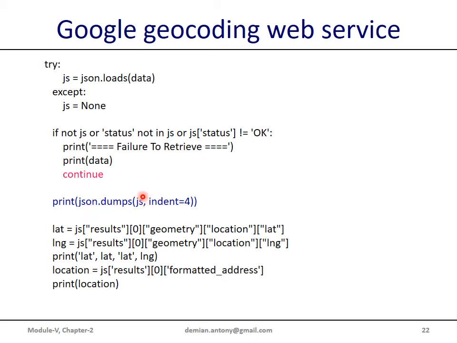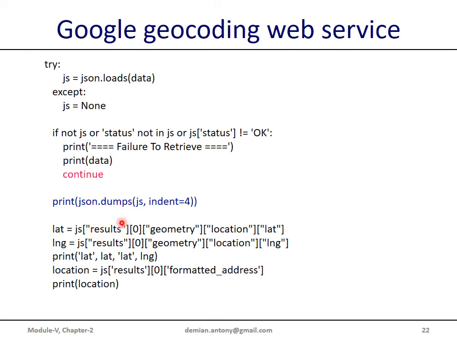json.dumps with the indentation dumps all the JSON data onto the screen, and then you access from the JSON parser the longitude, latitude and location.